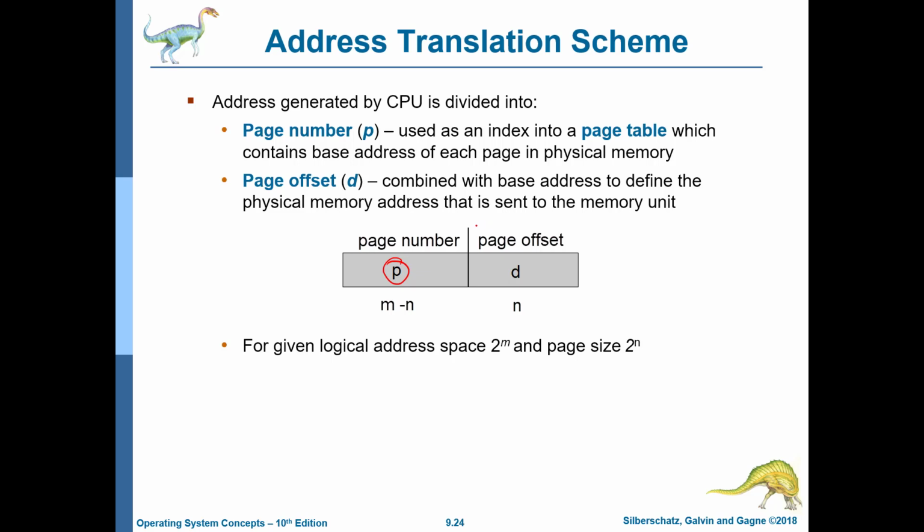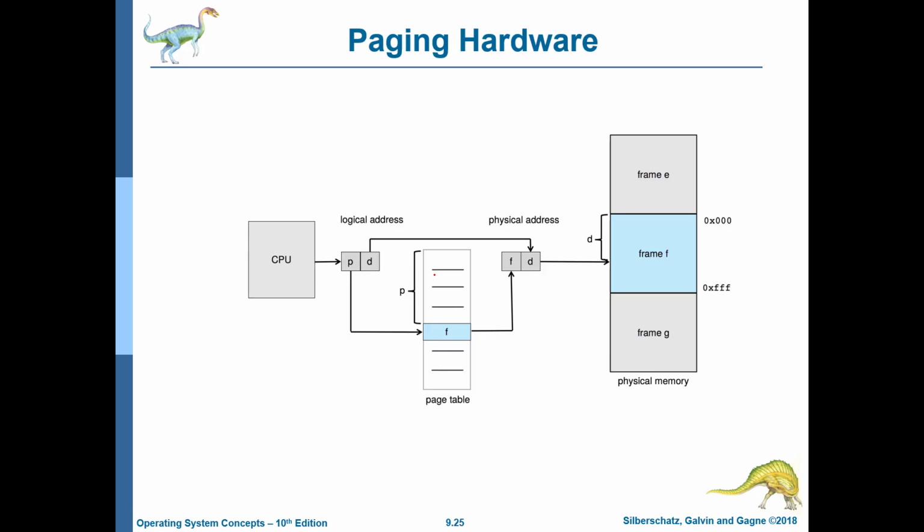So the page offset will clearly remain the same between the physical address and the virtual address, but the page number will be mapped to an equivalent frame number. So for a given logical address space and page size n, this is the way that we would actually divide. Right? So the page number is what will undergo mapping and the page offset will remain the same.